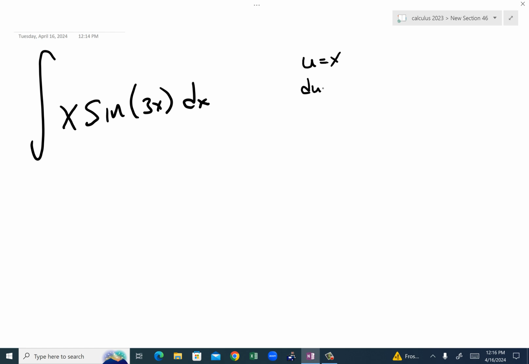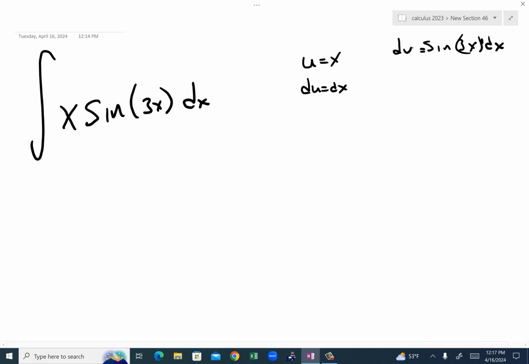du is dx. Now, if I have dv is sine of 3x dx, I'm going to have to do an integration by substitution over here, aren't I?